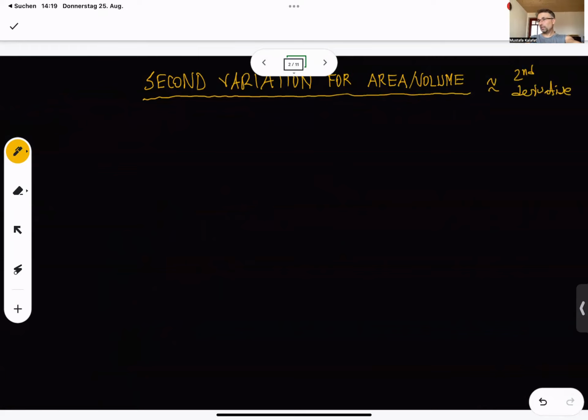To make the second variation, you need two directional variations, which technically means a two parameter family of variations. So we need a two parameter family of variations to work on.